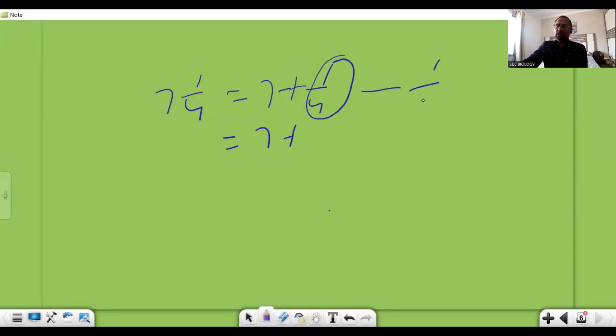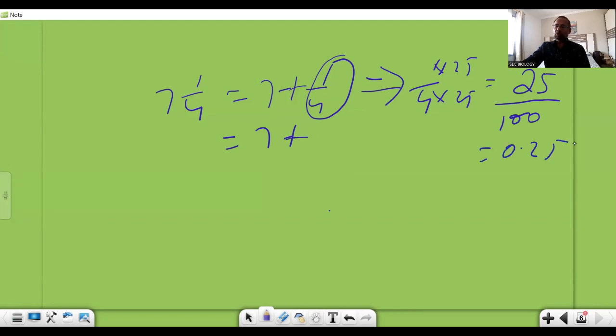Just now we studied 1 by 4 is 25 by 100. That is correct. 7 plus 25 by 100 means 0.25.